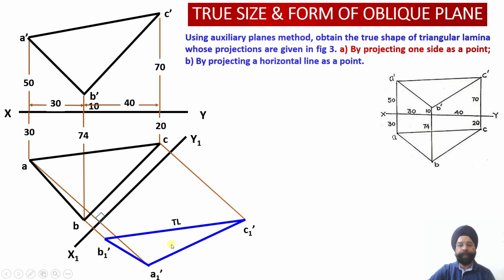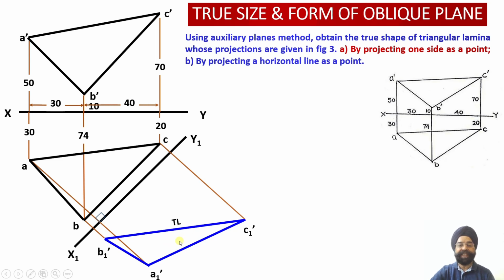So what have I been able to obtain in the auxiliary elevation? I am able to obtain another triangular view which is not true length, not true shape, but again an apparent shape of the oblique triangular lamina. But this triangular lamina has one special characteristic. What is that special characteristic?